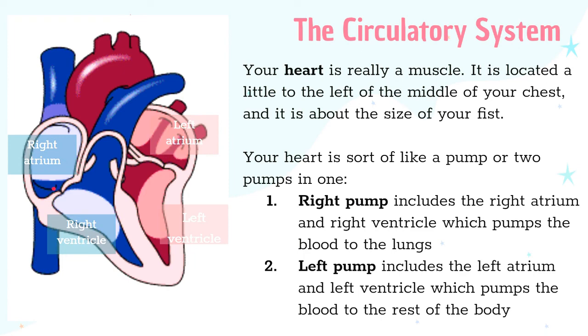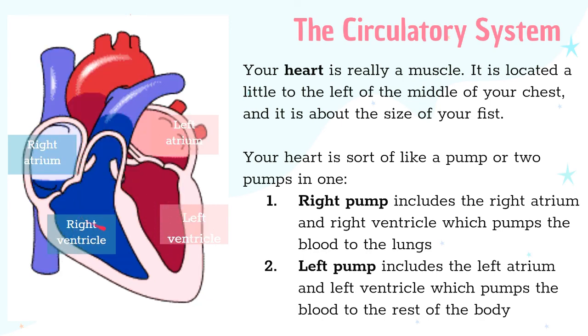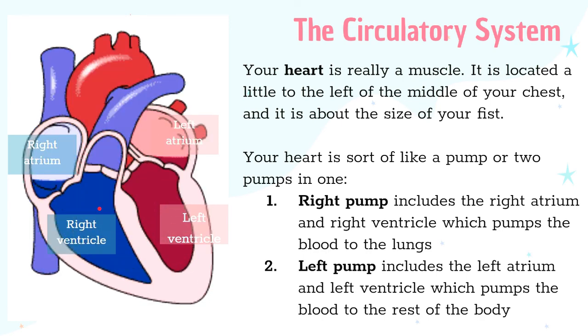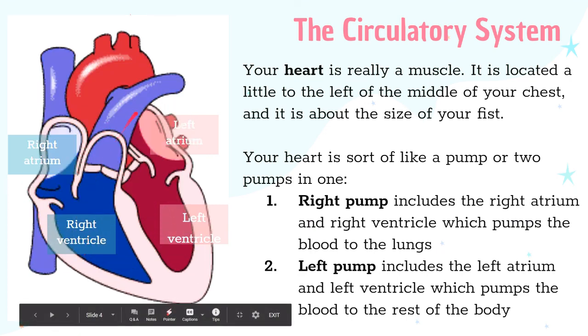Look at the action of the tricuspid valve between the right atrium and right ventricle. Whenever the right ventricle pumps, the tricuspid valve closes. That way, the blood has nowhere to go but to the pulmonary artery.